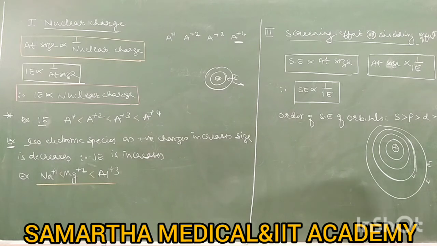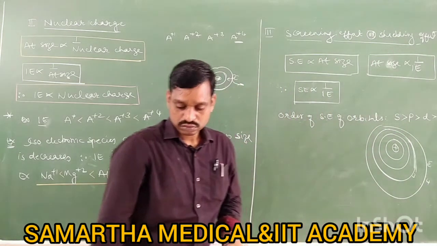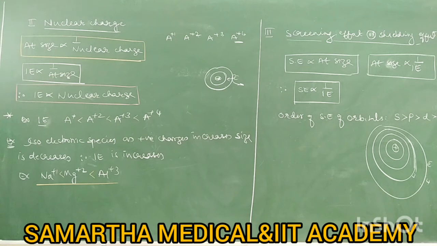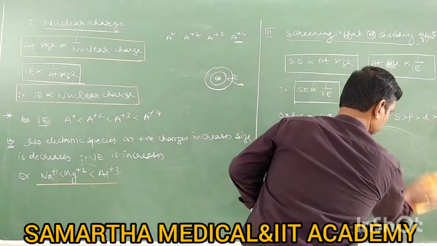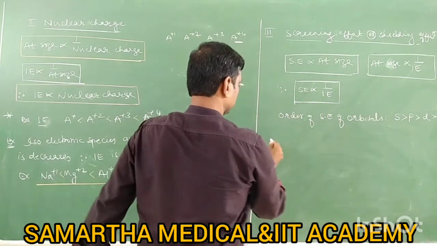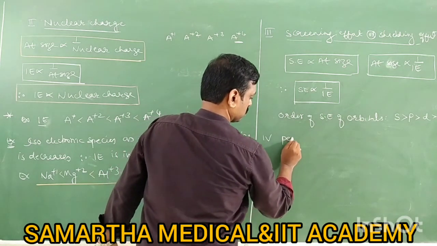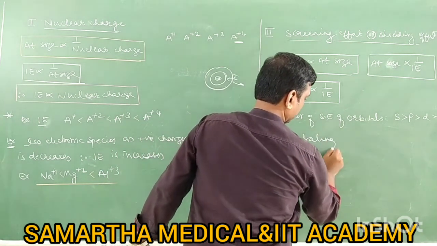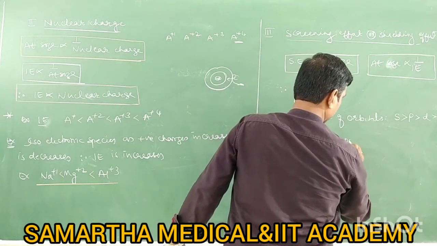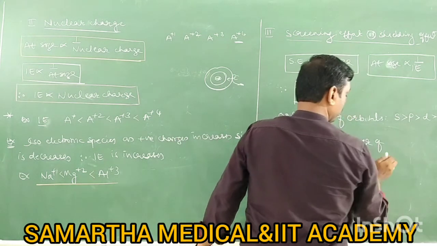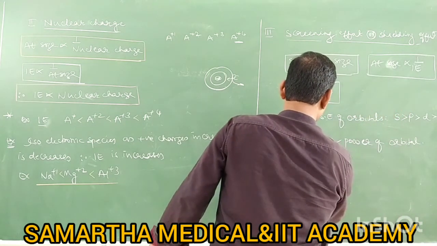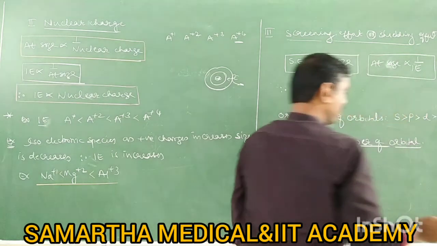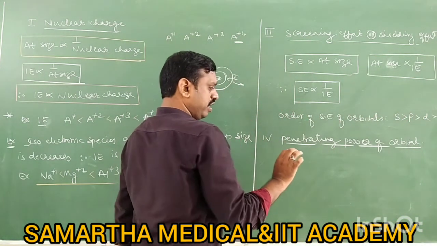The next, fourth factor is penetrating power of orbitals. What is the penetrating power of an orbital?